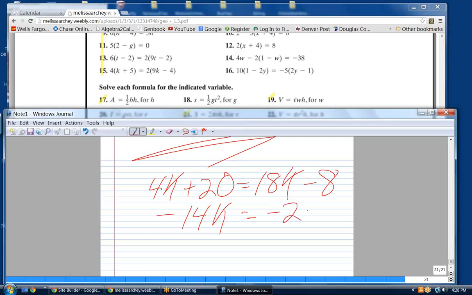Minus 28. In other words, you can't take plus 20 and minus 8 and come up with 12. I'm just thinking of it wrong. You have to think of this as you're moving this 20 to the other side. It's going to become negative. So now you're going to have a negative 20 plus a negative 8.